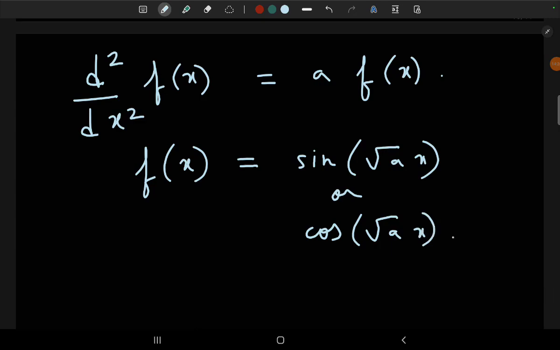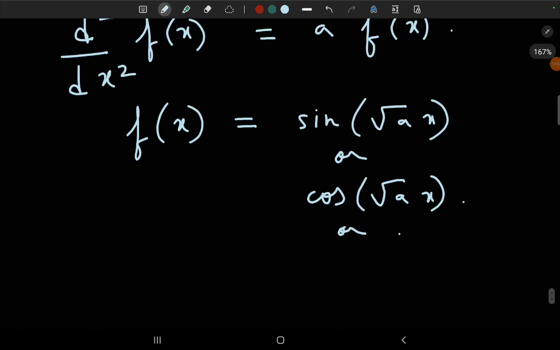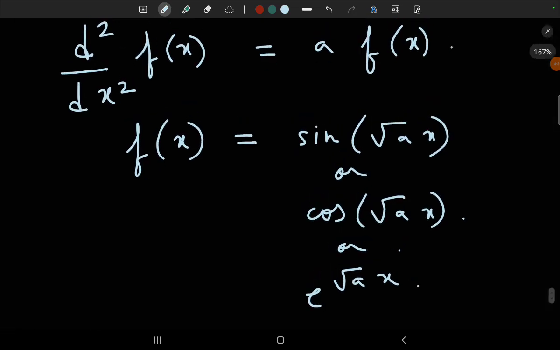In fact, e to the power kx should also work here.